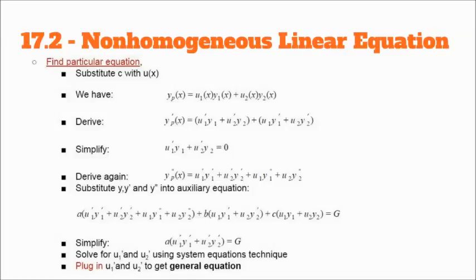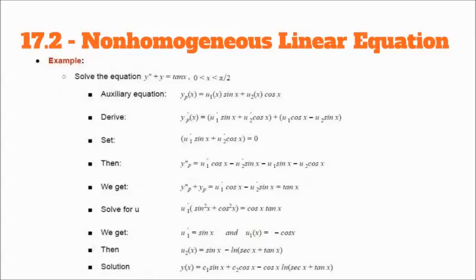So first we take that y_p of x function, then we find y prime and y double prime, and then we plug that into the auxiliary equation, simplify, and solve the system of equations for u1 prime and u2 prime. Then we plug in u1 prime and u2 prime to get the general equation.